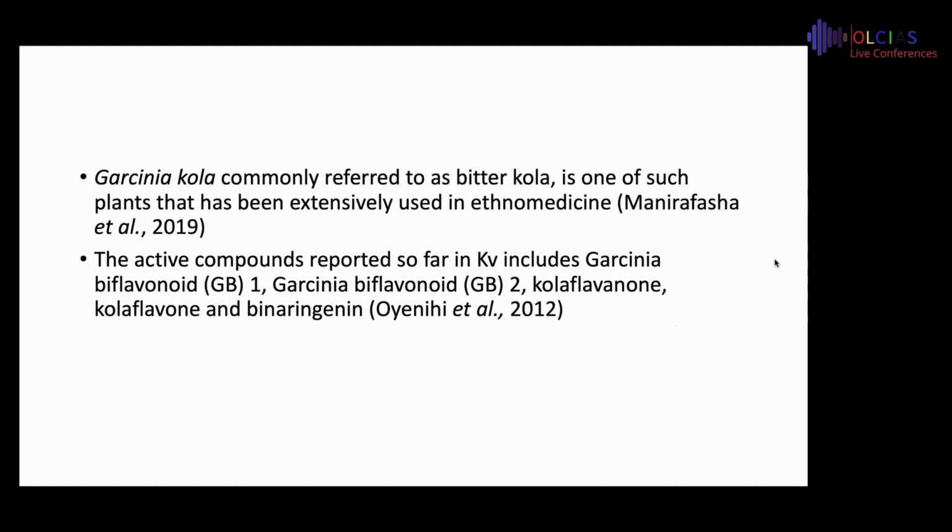It is commonly referred to as bitter kola in most West African countries, especially in Nigeria. The tree is about 40 meters high, and it is used in ethnomedicine as a therapeutic agent for treating disease due to its antiviral, antibacterial, antifungal, and analgesic properties.